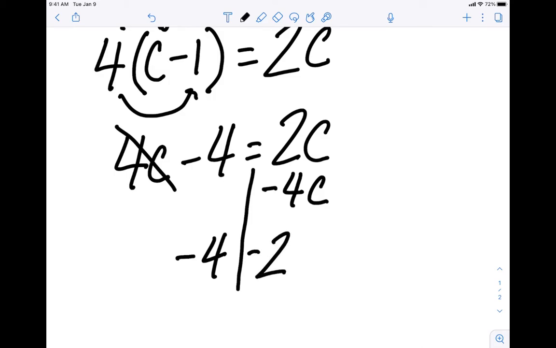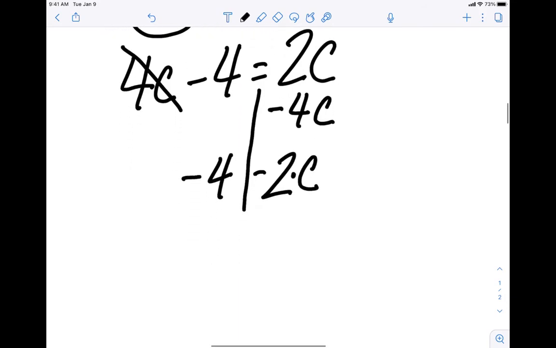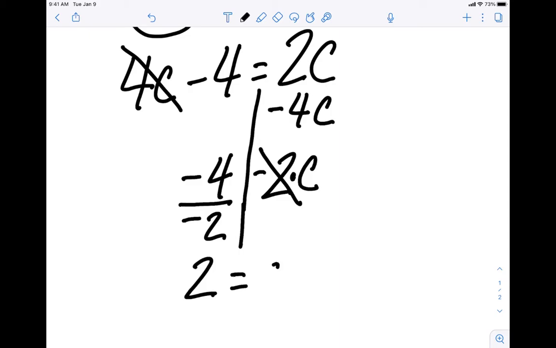And it's a negative 2 because 4 is bigger and 4 is a negative. C. And the opposite of multiplying by negative 2 is dividing by negative 2. So negative divided by a negative is a positive. 4 divided by 2 is 2 equals C. And there you go.